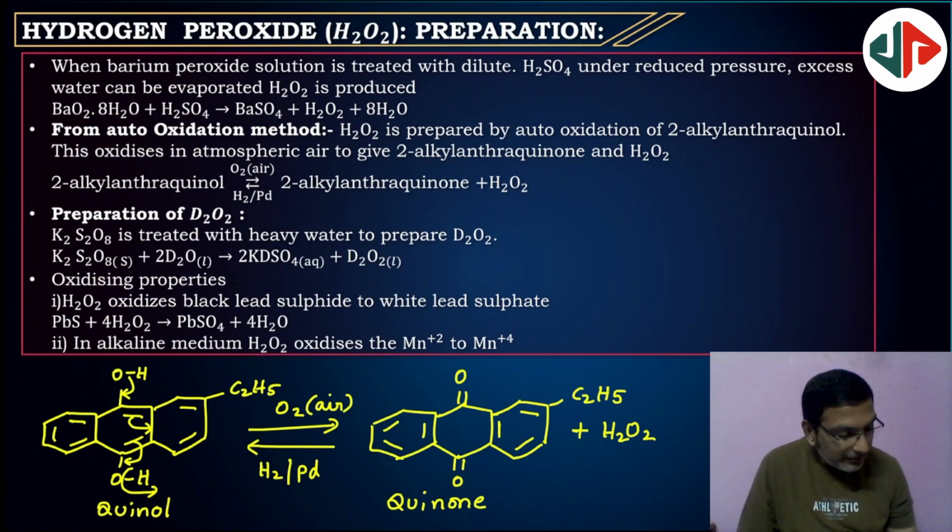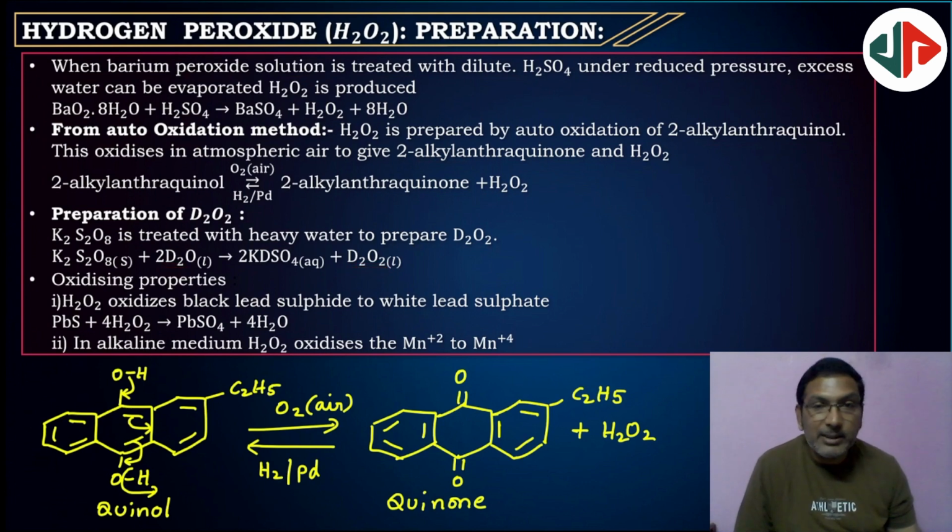Next, properties and preparation of D2O2. H2O2 means hydrogen peroxide, and D2O2 means deuterated hydrogen peroxide. K2S2O8 reacts with D2O to form D2O2.